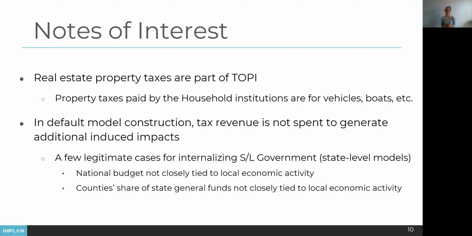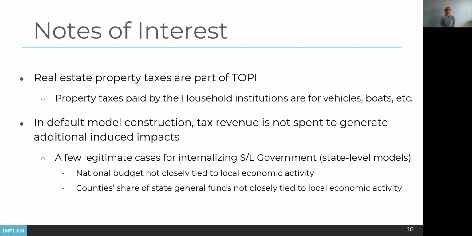That's especially true at the national level. The federal government budget process, as we all know, is very complicated and doesn't really depend on what is going on at a local level in their decision making. But there are a few legitimate cases for internalizing state and local government, and most of the time that's at a state level model.